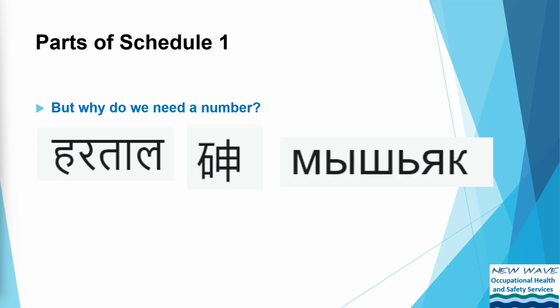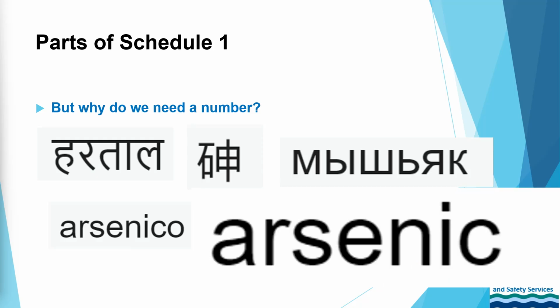No takers? Let's use a more recognizable alphabet. Still a mystery? Well, now the ultimate clue. Yes, these are all words for arsenic, specifically in Hindi, Chinese, Russian, and Italian.